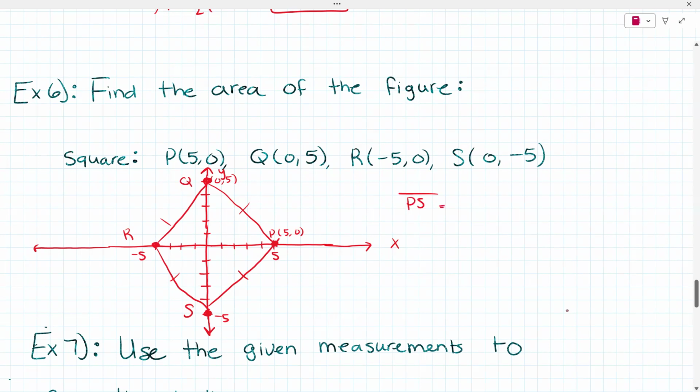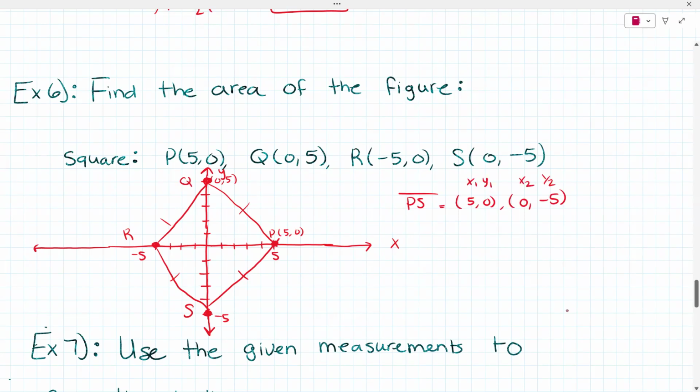If you look at the points P and S, P is 5, comma 0 and S is 0, comma negative 5. So here's x1, y1, x2, y2.